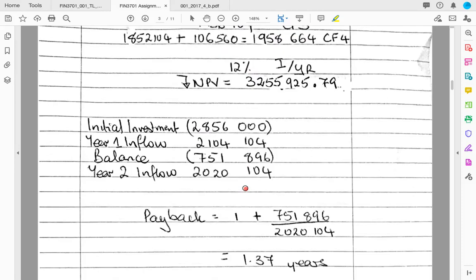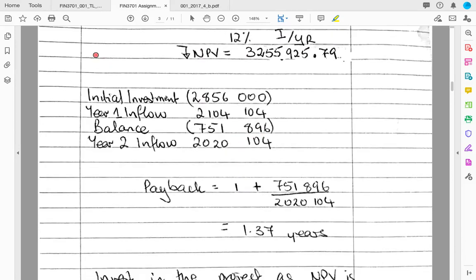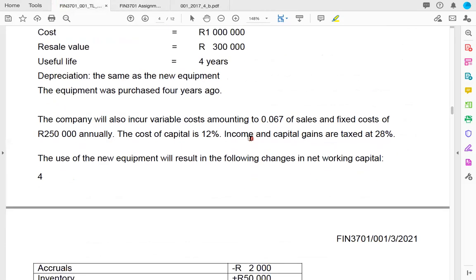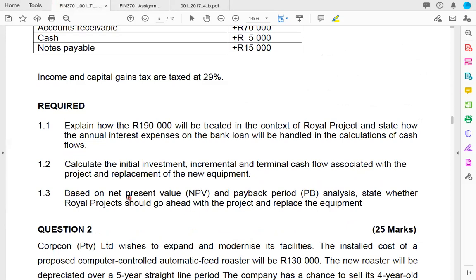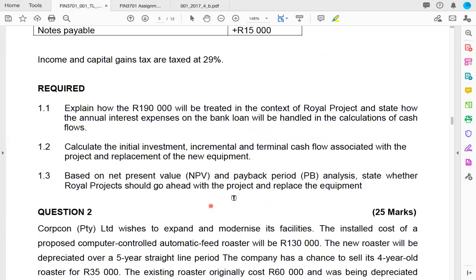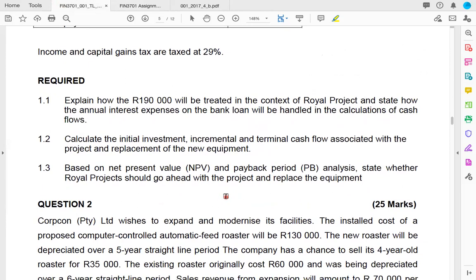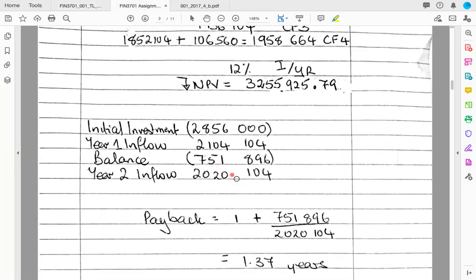The trickier one is the payback. You were also asked to calculate the payback. The question says, based on the net present value and the payback, state whether Royal Projects should go ahead with the project and replace the equipment. Now, to calculate the payback, you need to listen really carefully here.